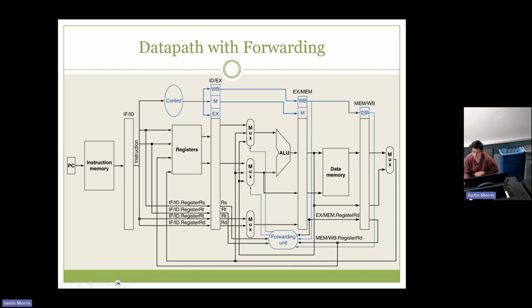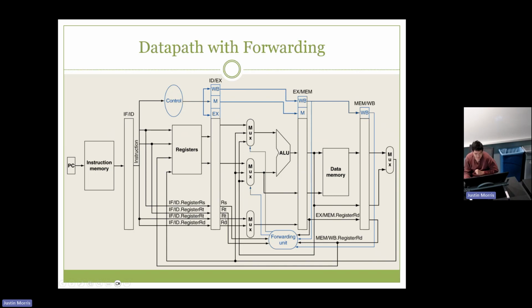Is it the data from memory / write back? Or is it the data from execute memory? Okay, those are our 3 choices. And then we have the same 3 choices, but what's not shown here is our sign extended immediate.